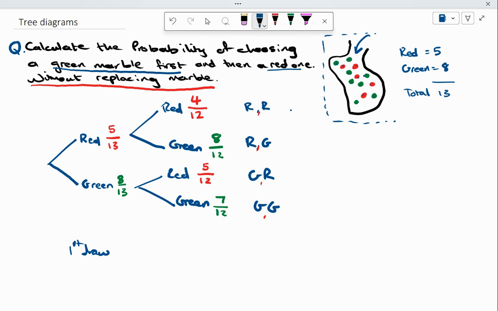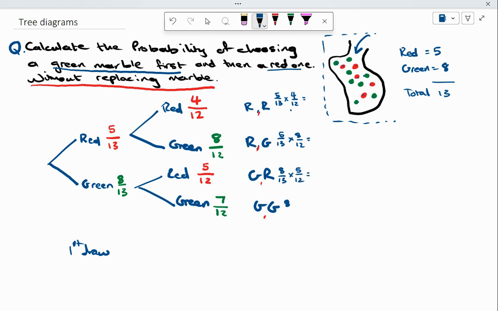Now, to calculate the probability of events happening like this, one after the other, we have to multiply the probabilities together. So we take 5 over 13 and multiply it by 4 over 12. We take 5 over 13 over here and multiply it by 8 over 12. Next one, 8 over 13 times 5 over 12.